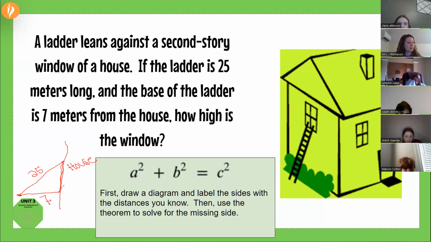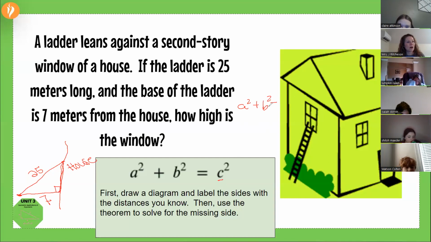So in this problem, you can see, if you draw a picture, that the house and the base of the ladder forms a 90-degree angle. So the ladder is actually the hypotenuse, right? In the Pythagorean theorem, the hypotenuse is always c. So we're going to use what we know. We're going to use our Pythagorean theorem: a squared plus b squared equals c squared.